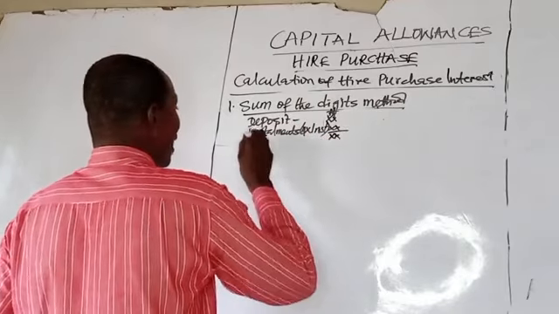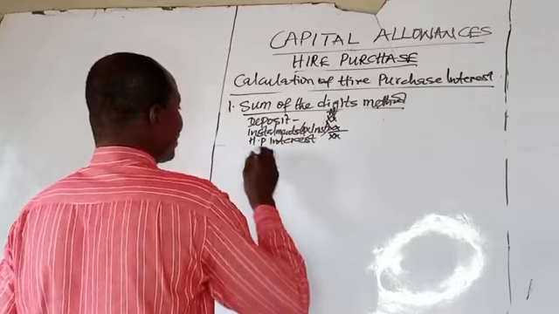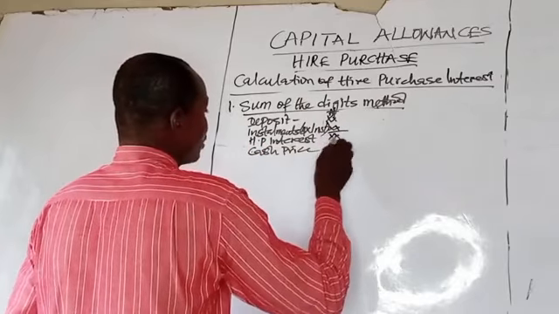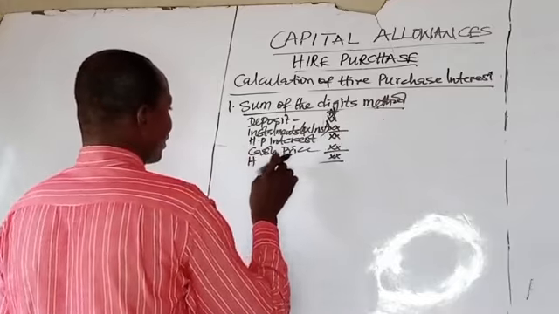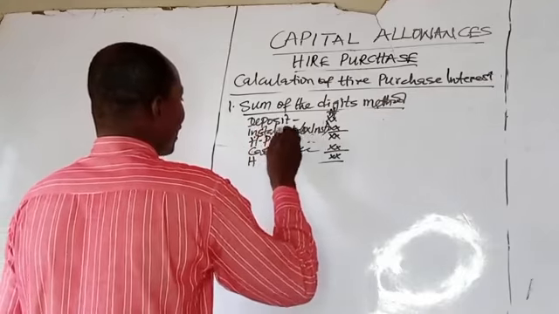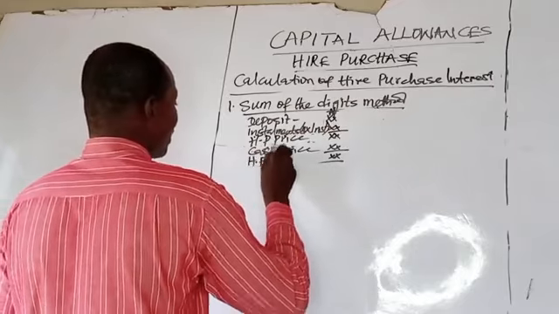So you get the hire purchase price. Then you subtract the cash price, you get the hire purchase interest.